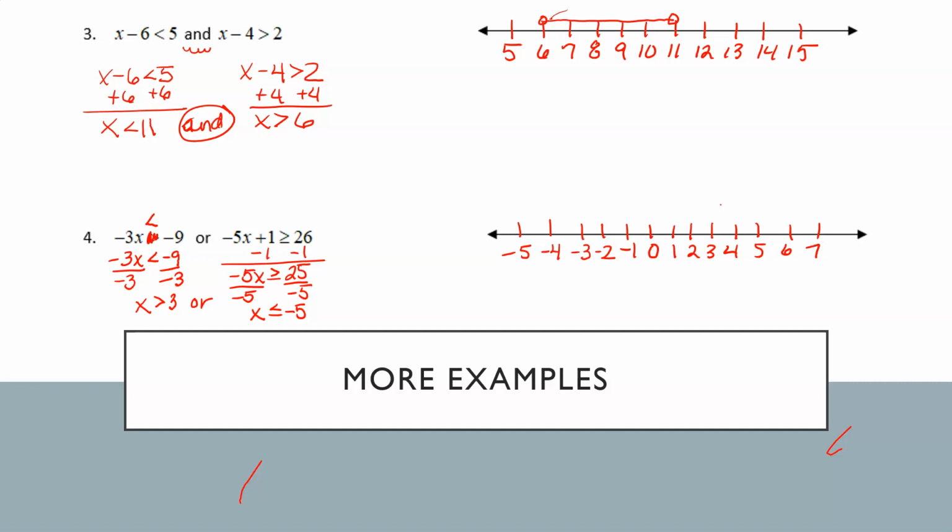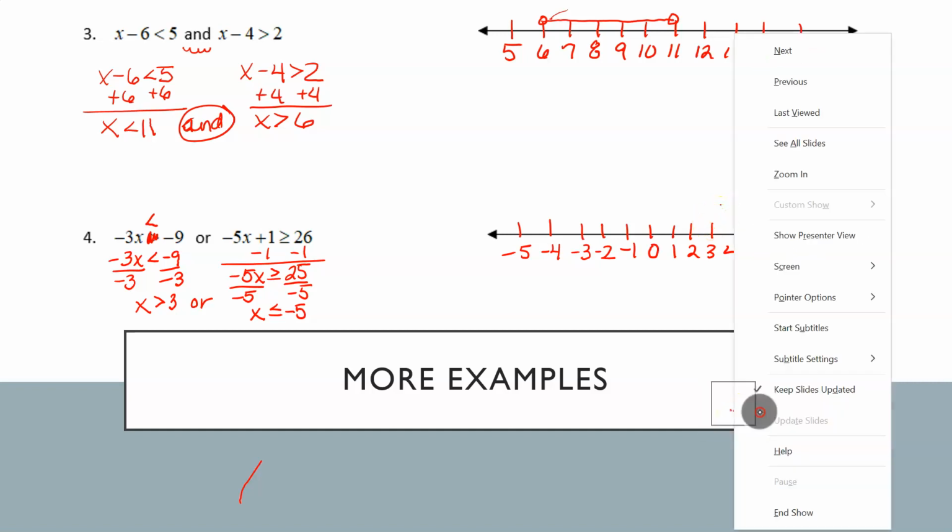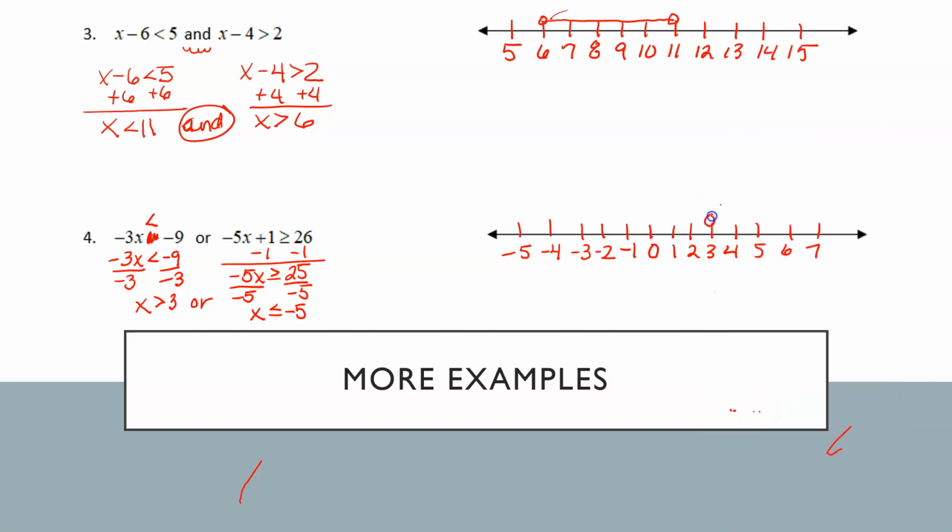So I have x is greater than 3. That's going to be an open dot. And here, your numbers that are greater than 3 are this way. And then I have x is less than or equal to negative 5. So that's a closed dot because it's less than or equal to. And the numbers that are less than negative 5 are that way. So that's how that one looks.